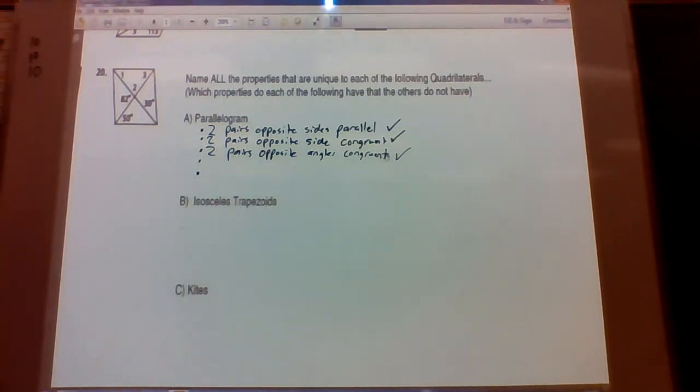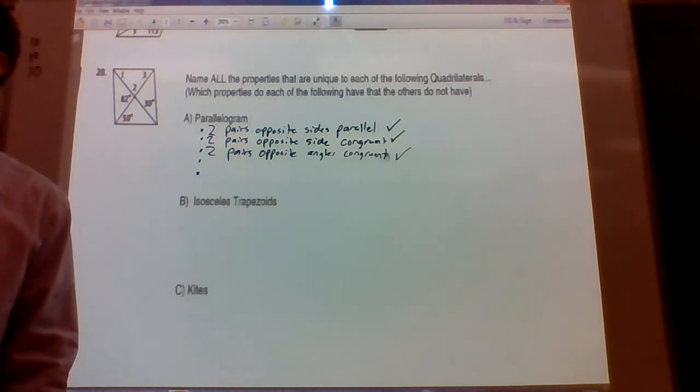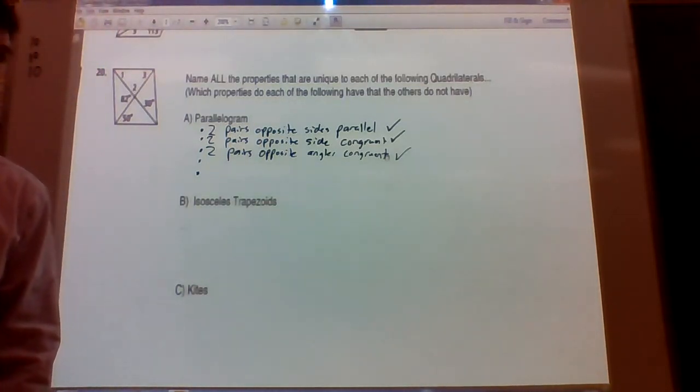Trapezoids do not have 2 pairs of opposite angles that are congruent. Kites have 1 pair of opposite angles that are congruent.